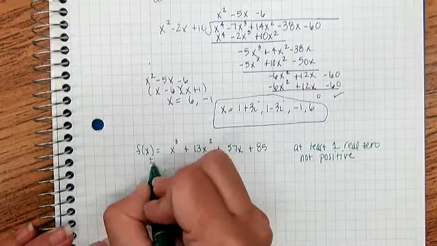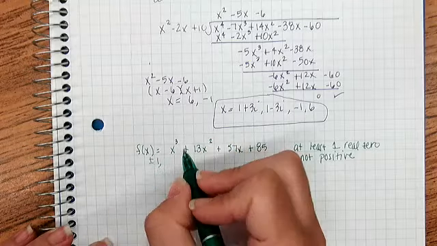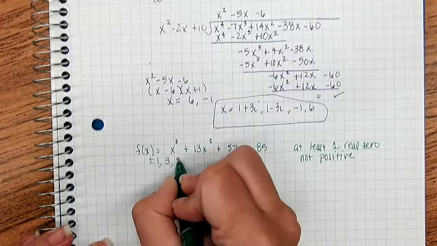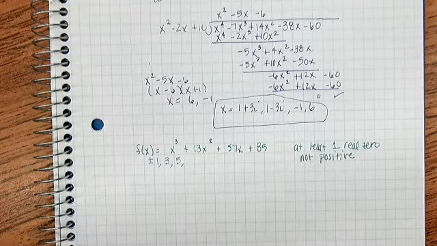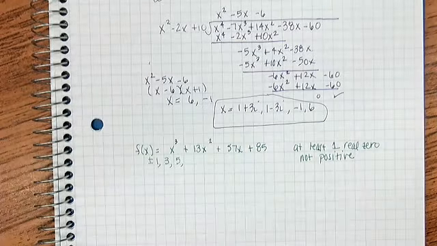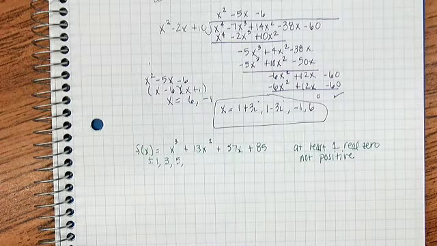P over Q. 1, 3, 5. I don't know off the top of my head. 18. What's 85 divided by 3? Oh, 85 doesn't divide by 3.